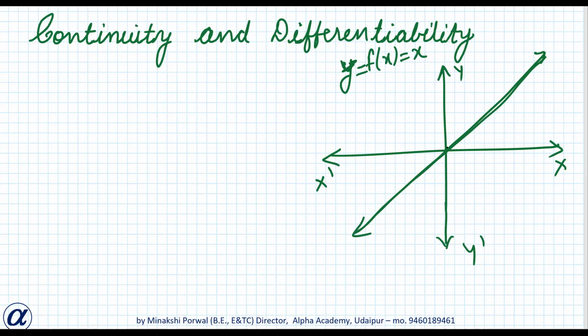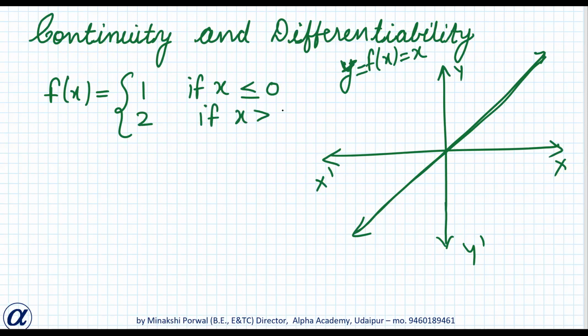Now suppose we have a function f(x) equals 1 if x is less than or equal to 0, and it is equal to 2 if x is greater than 0.